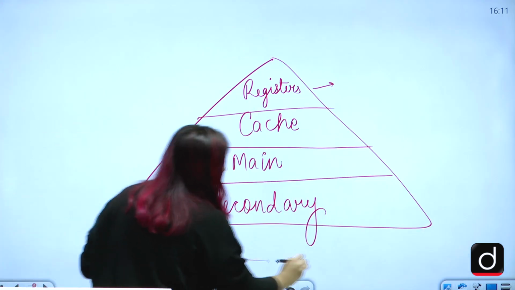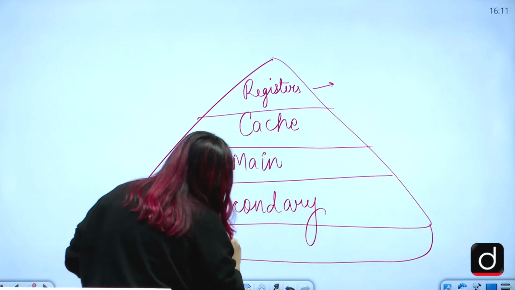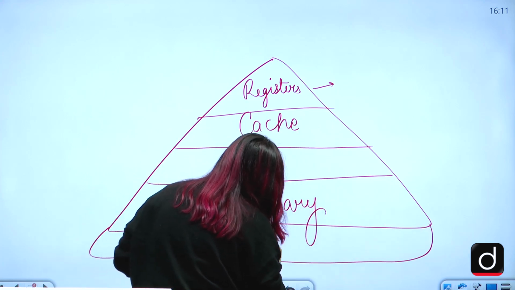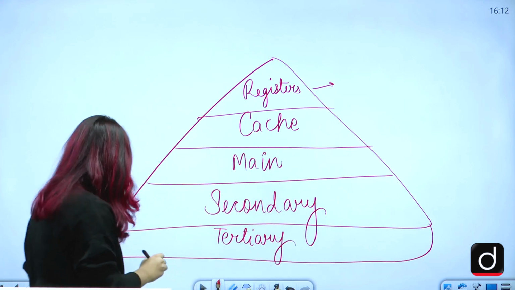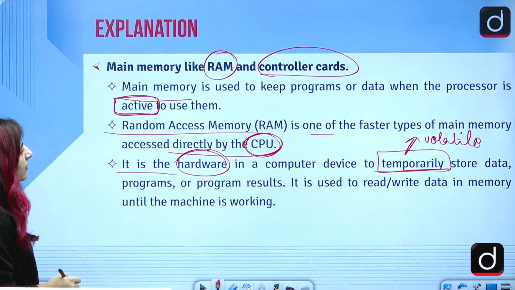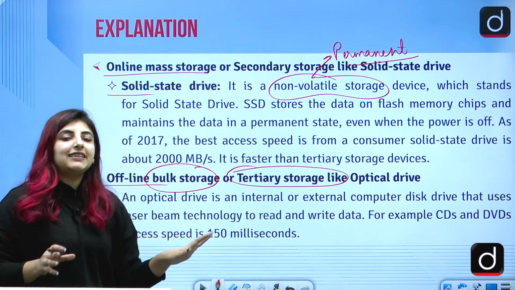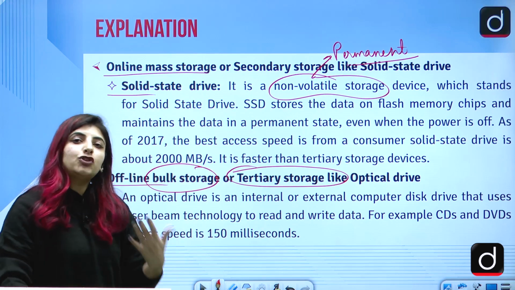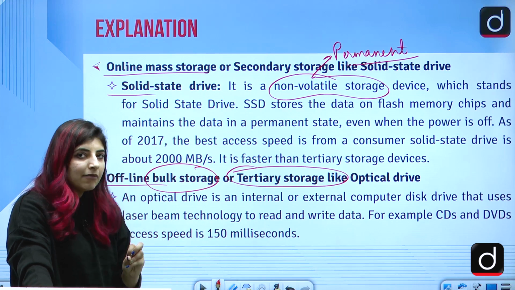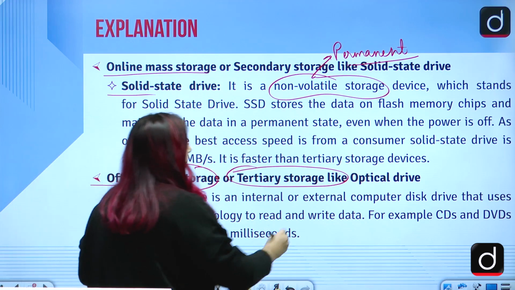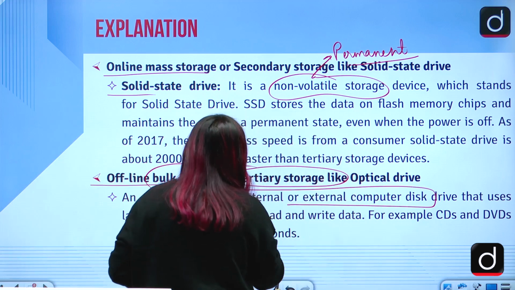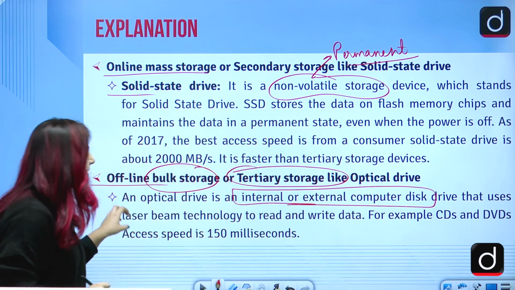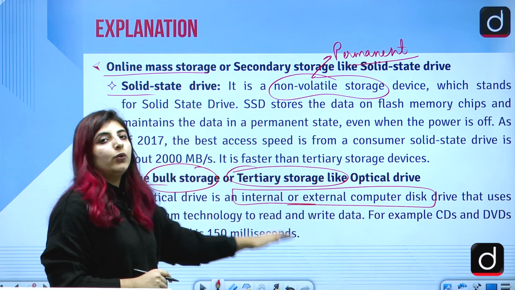So after secondary, we have tertiary storage, which is just like the optical devices, known as CDs, etc. Correct? So CDs, DVDs, they can store data but less in number, right? And it is a computer external or internal drive that uses laser beam technology to read and write data.